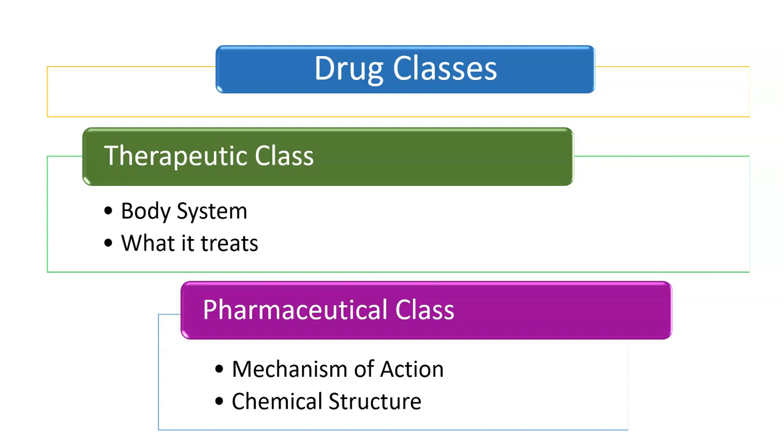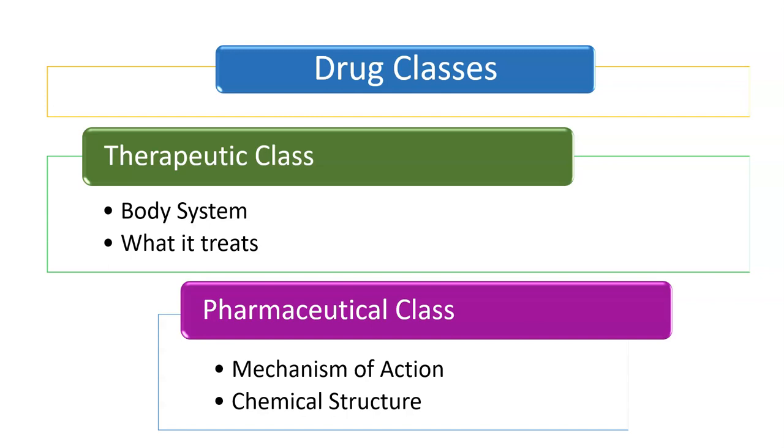The other is by chemical structure. So like the group of benzodiazepines, drugs like Valium, which is diazepam, or Xanax, which is alprazolam, they have a similar chemical structure. Most often, they're also going to treat similar conditions.